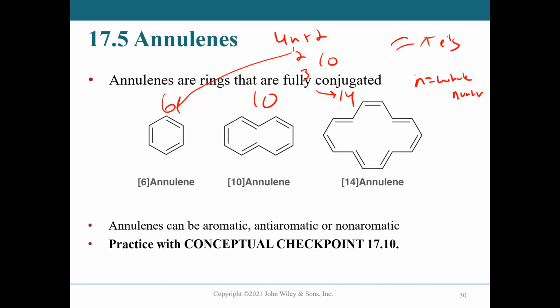If we put in 0, 1, 2, 3, 4, what do we get? We get 2, 6, 10, 14, and then 18. So n is just a whole number. And 4n plus 2 does represent the total number of pi electrons within the whole system.